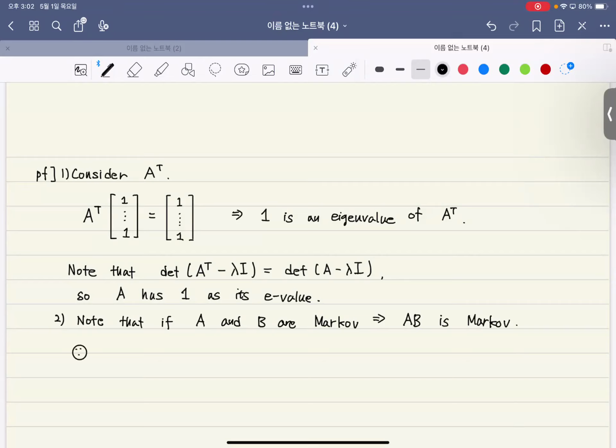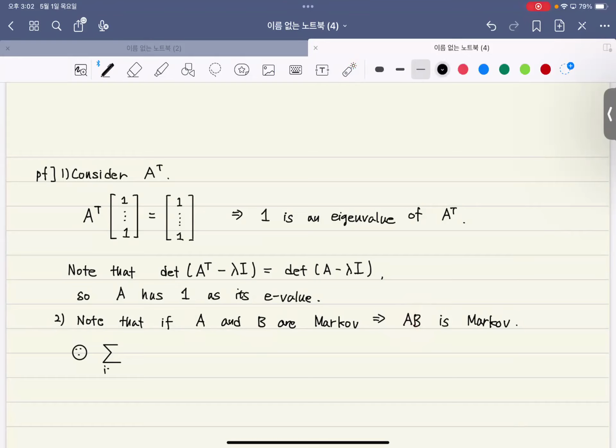Why is that? Since every entry of A and B is non-negative, every entry of A times B must also be non-negative, which is obvious. So all we need to see is the sum of the entries of every column. We need to make sure that it is always 1.